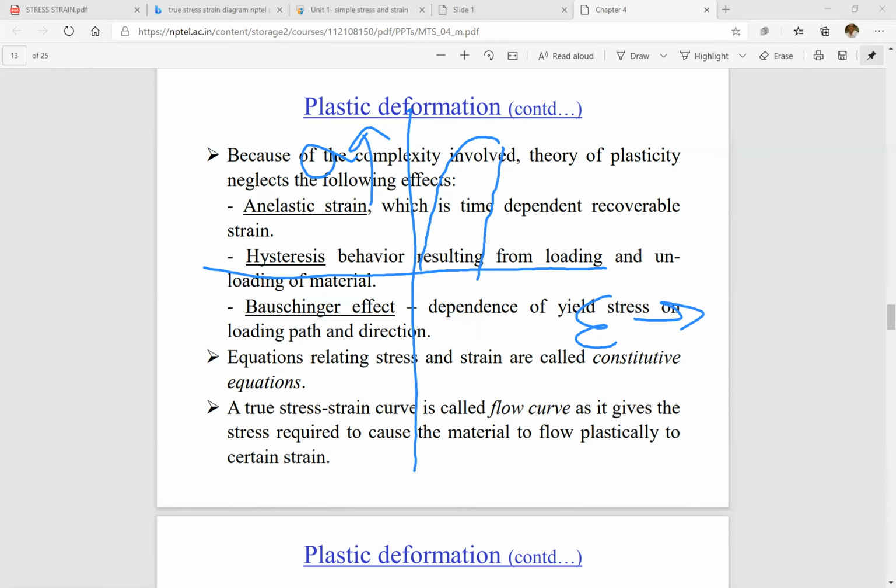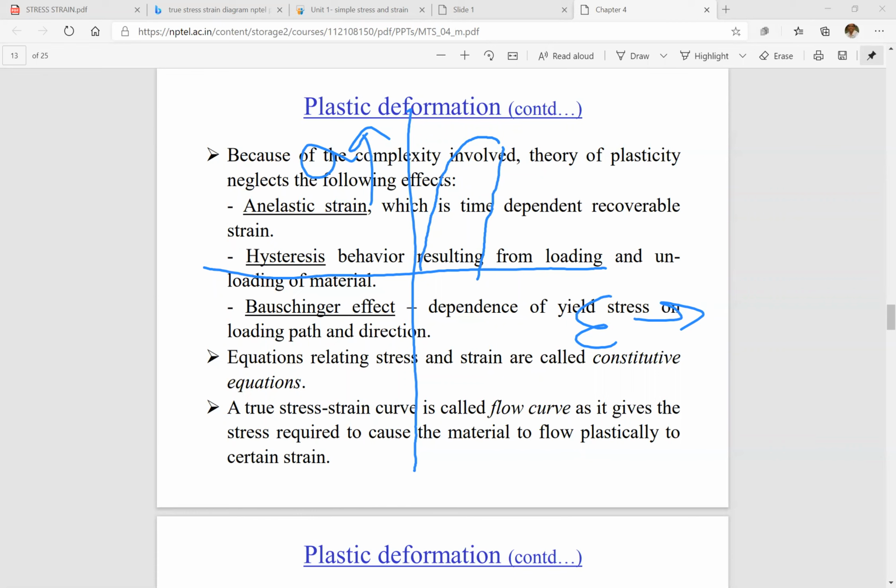Again, see that the material started from this position, but during the recovery process it will be in this position. So what happens if you reload the material at this point?